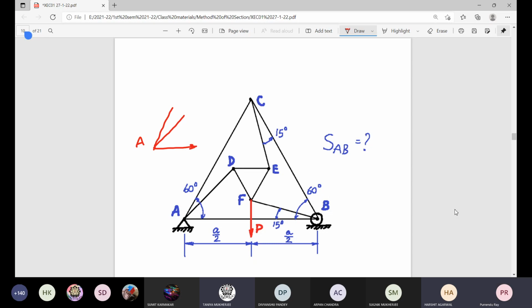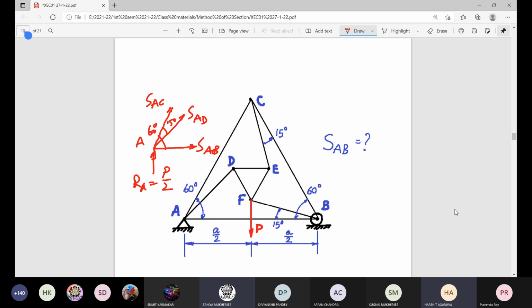Give these three names, and there will be one reaction RA equal to half P. This force is SAB, this is SAD, and this is SAC. Angles are known: this is 15 degrees, this is 60 degrees. Now can you solve this joint by the method of joints?